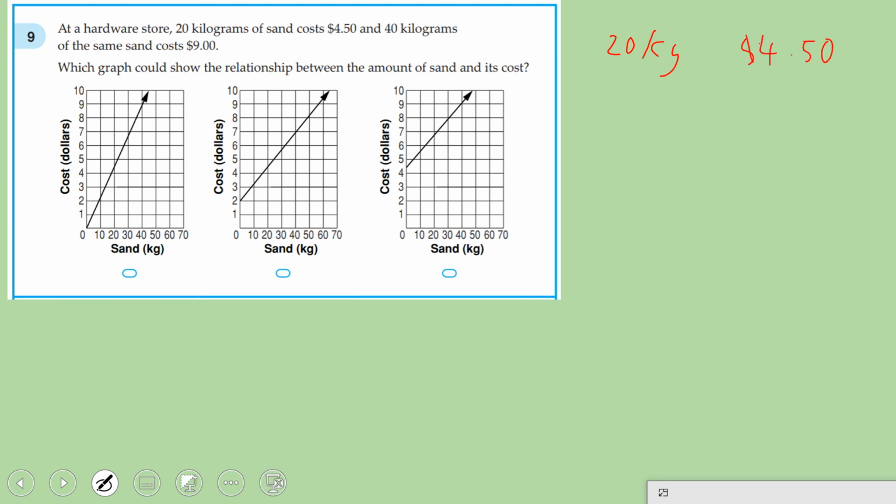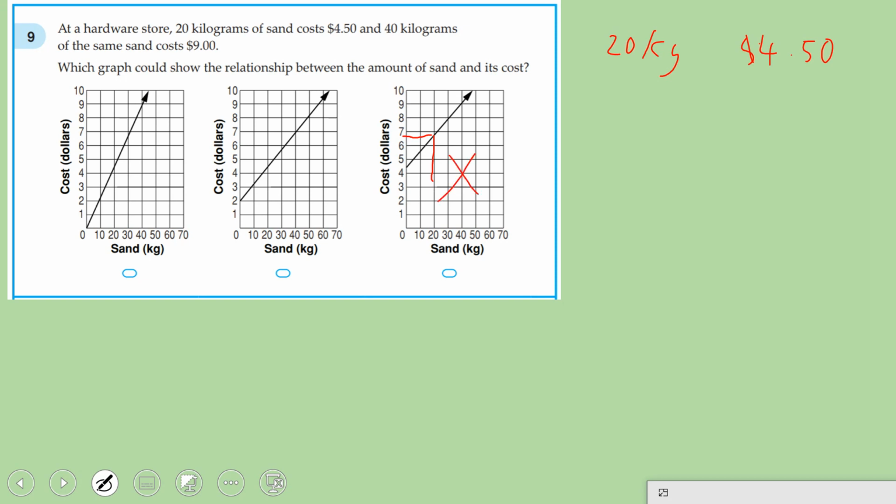So 20 kilos of sand, which will be in this first chart over here, and that gets about $4.50. So we've matched it up with that one. That's good. And with this one. And not with this one, because as we can see, the 20 goes all the way up to almost $7.